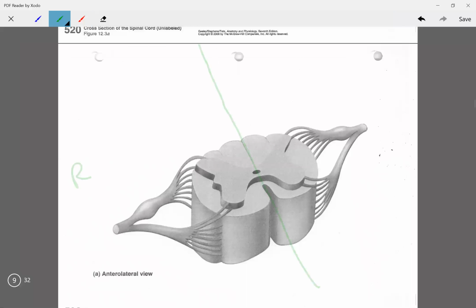All right, right side, left side, so let's draw our brain. We'll just call that one the corticospinal tract. Or did we just do that? We just did corticospinal. Let's do, so there's rubrospinal.